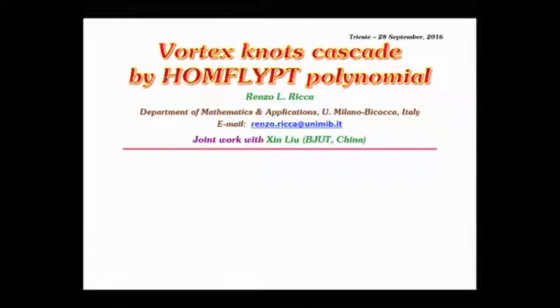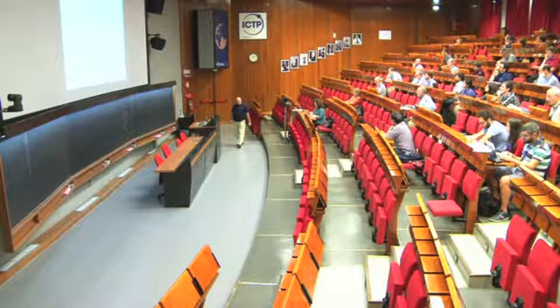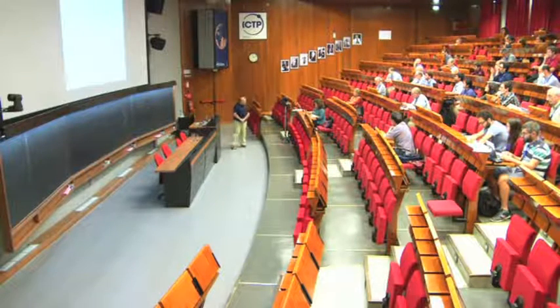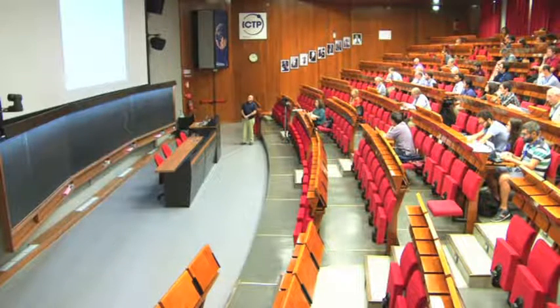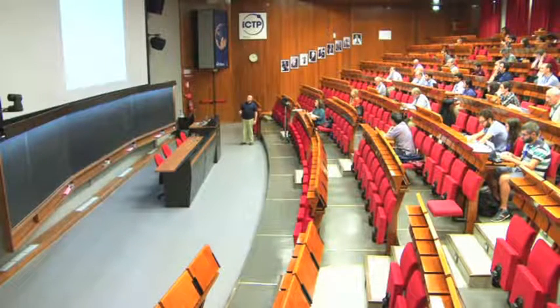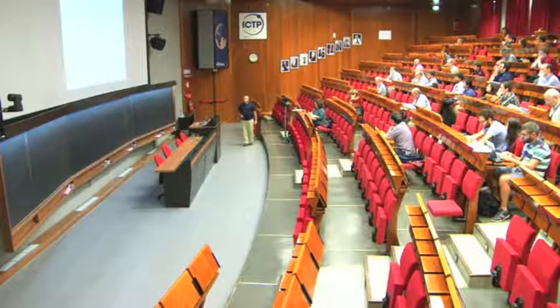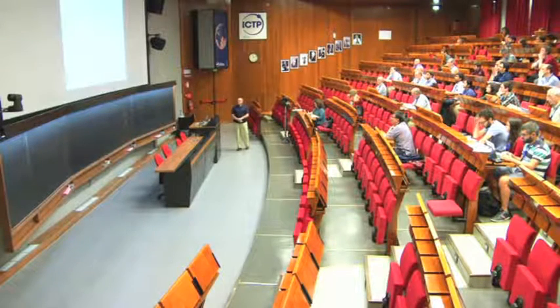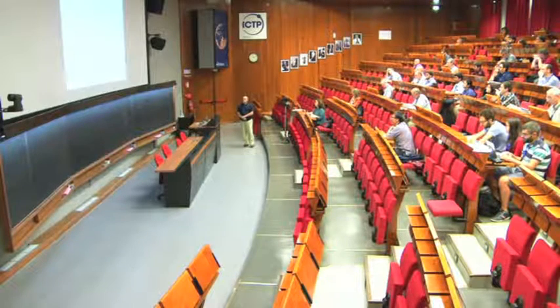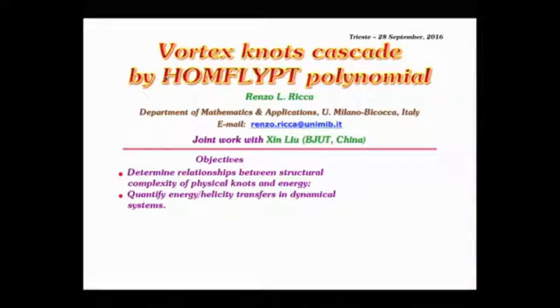Anyway, to keep things focused and to give you ideas about my work, I prepared the first few slides as a recap of some 20 years of work. Just to consider a particular physical system, I will deal with vortex knots. The objectives are to determine relationships between structural complexity of physical knots and energy, and to quantify energy or helicity transfers in dynamical systems.